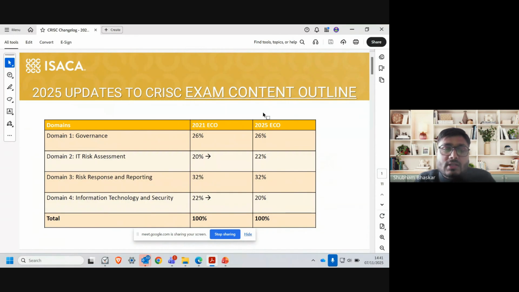Domain 3 remains intact, and domain 4 is reduced by 2%. So we don't have to worry anything at all about domains 1, 2, and 4. And again, there are a few organizational changes. When I say that, I mean that they have just moved a few sections, maybe renamed a few sections, but the content remains the same, right?